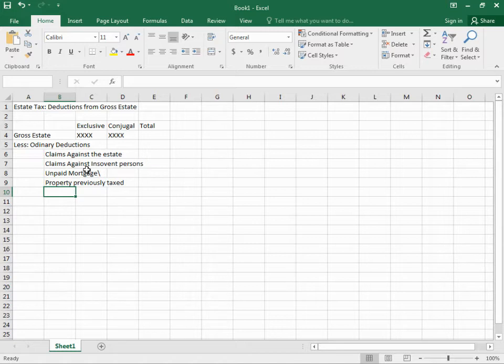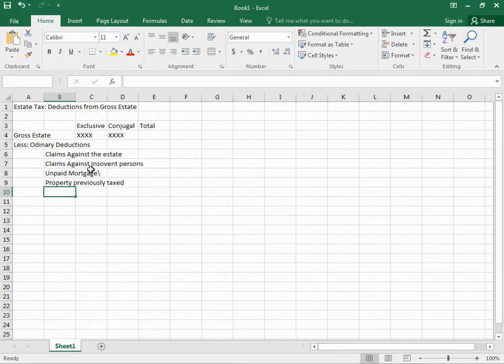Ayan. So the deduction for property previously taxed is a tax incentive, but is classified as ordinary deductions pursuant to the estate tax forms. Okay, so kapag may mga na-tax na tayong property, then it will be a deduction on our gross estate.